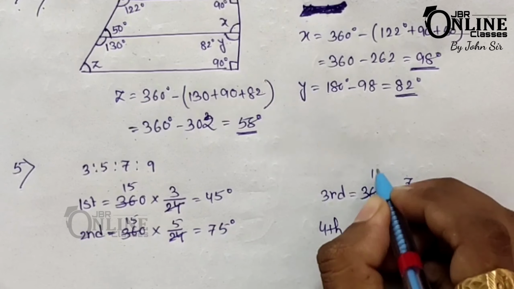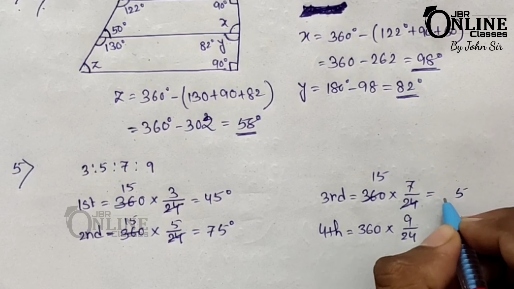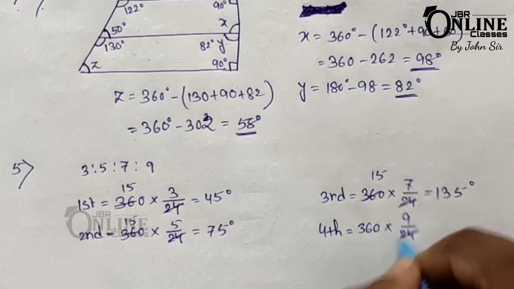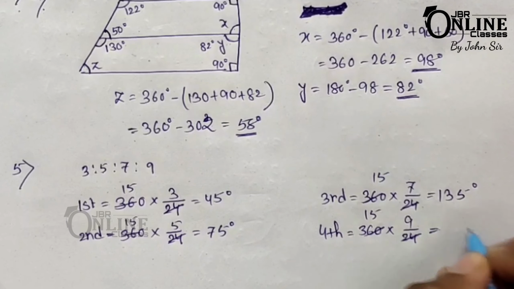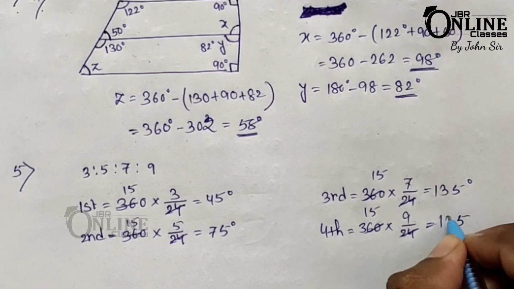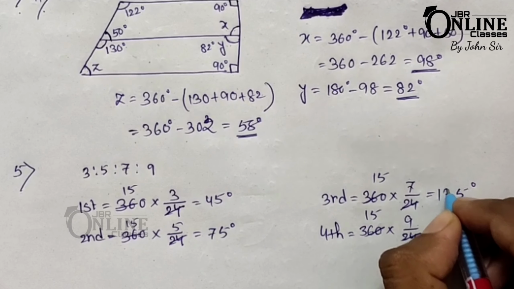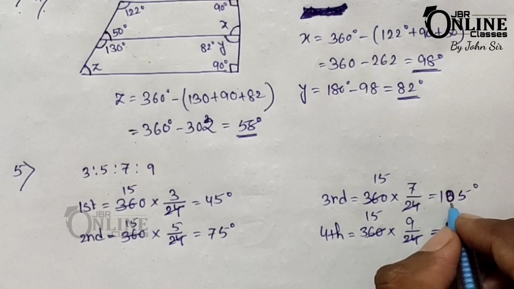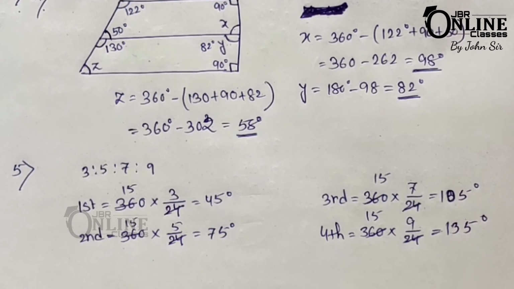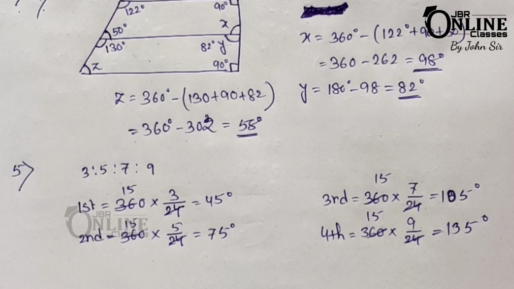Here 135 degrees, sorry, it's 105, not 15, it's 105 degrees, it's 135 degrees. So these 4 angles are the angles of the given quadrilateral.